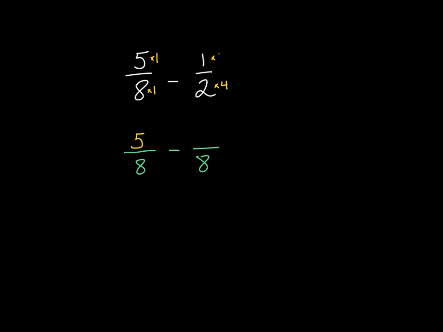So I also multiply the numerator by 4. To get equivalent fractions, you have to multiply the numerator and the denominator by the same number. And then 1 times 4 is 4. Now we're ready to subtract. 5 minus 4 is 1 over 8. Again, make sure you keep that common denominator when you subtract.